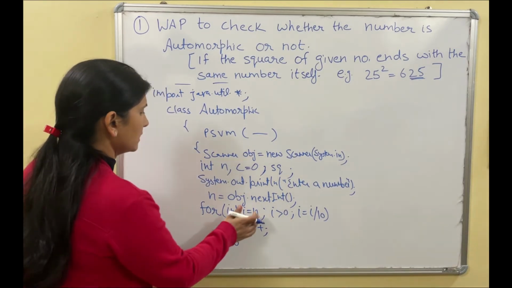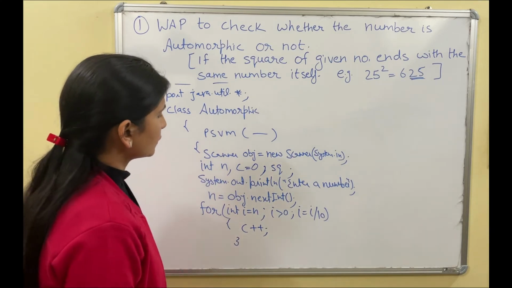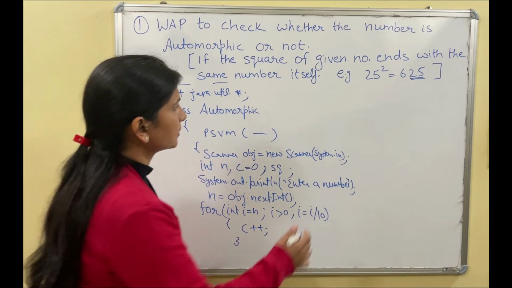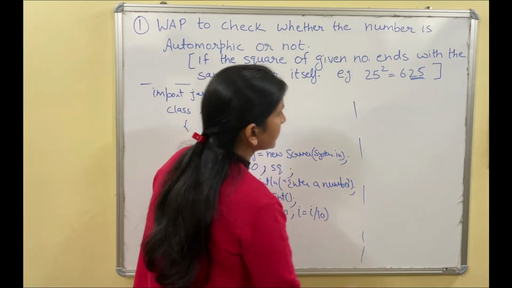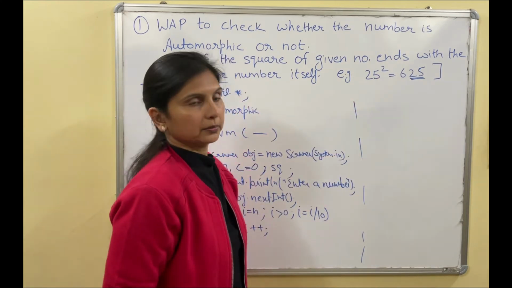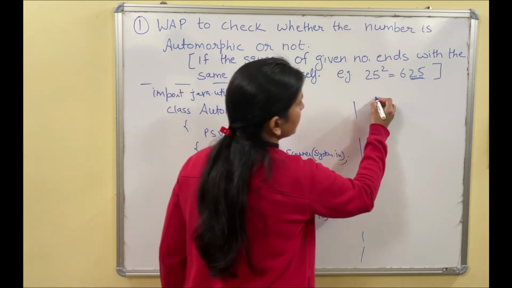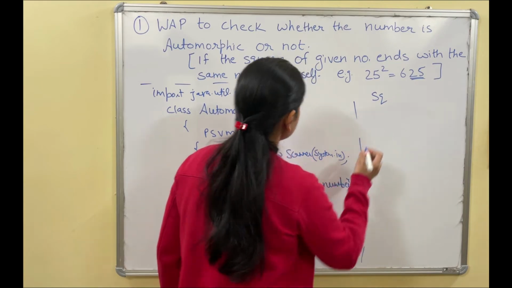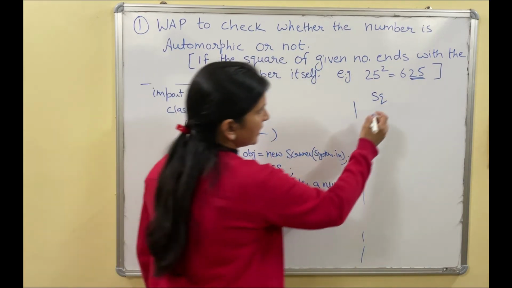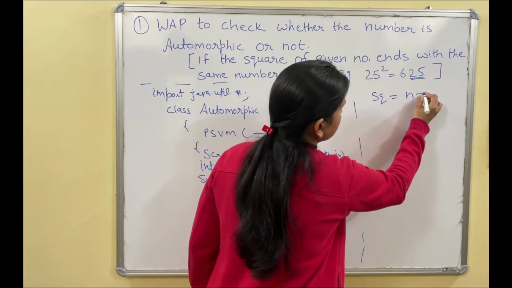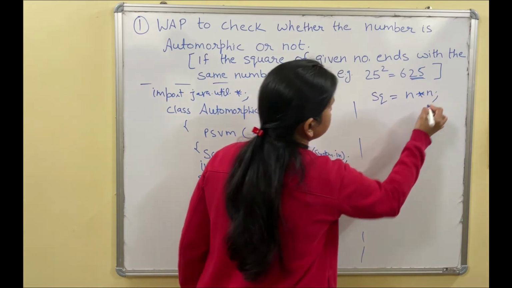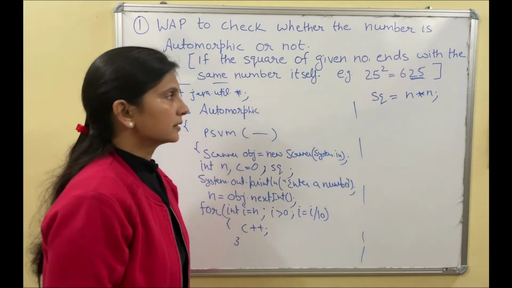Now when it comes out of the loop, we have counted the number of digits. Now we will calculate the square of the number. How will you calculate the square? sq we have already taken, int type, sq equals n * n.